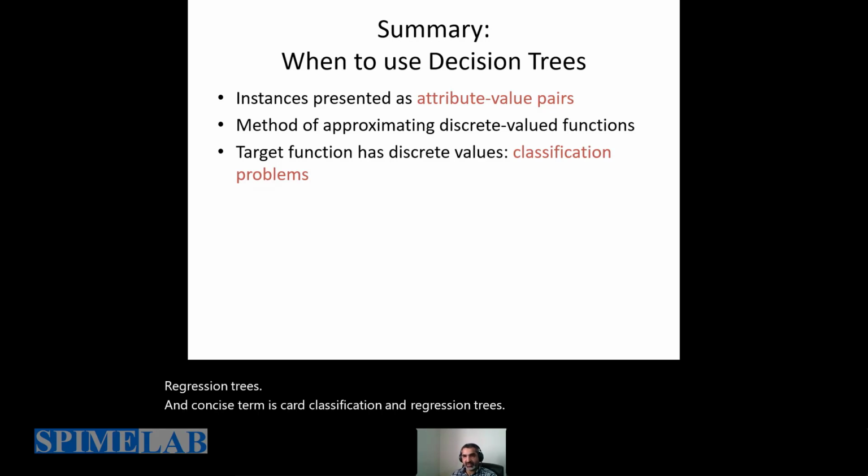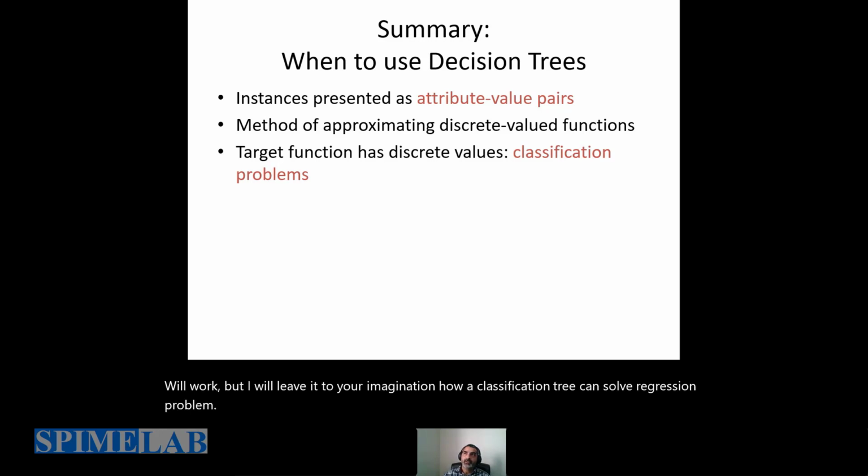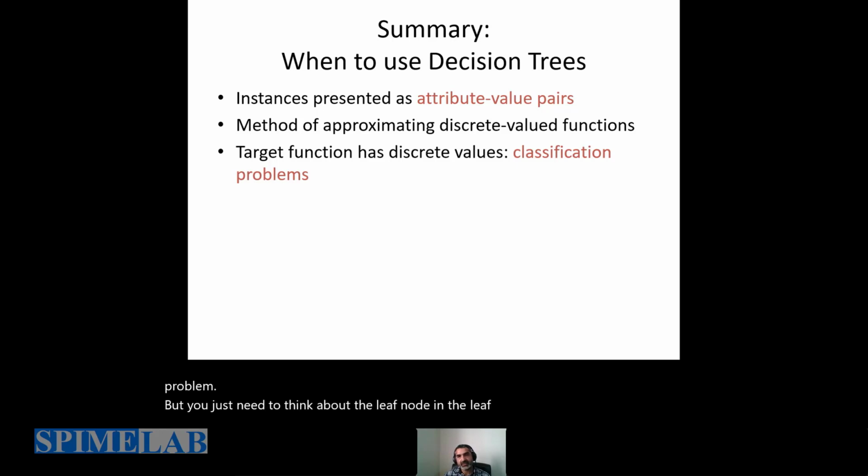Whatever the dependent variable is, a decision tree will work. But I will leave it to your imagination how a classification tree can solve a regression problem. You just need to think about the leaf node. In the leaf node, in classification, we are getting discrete items.